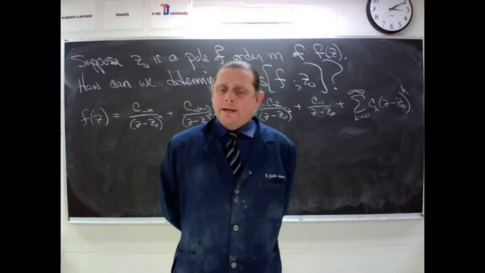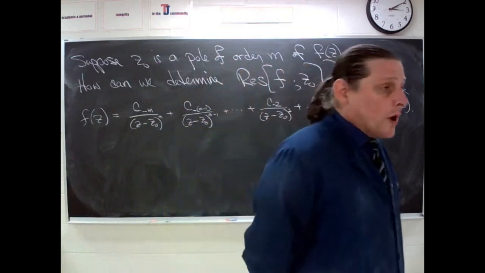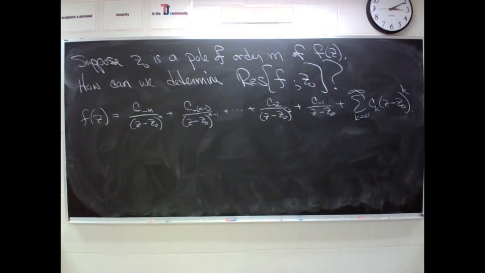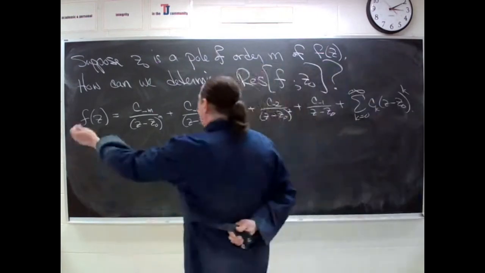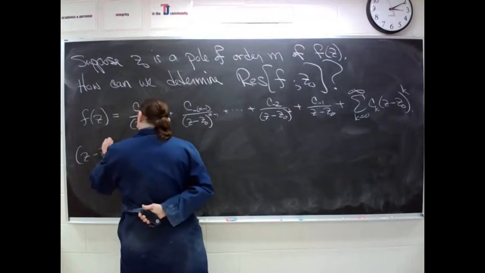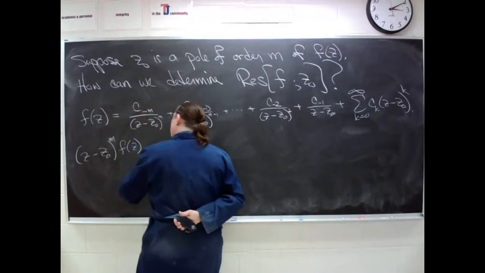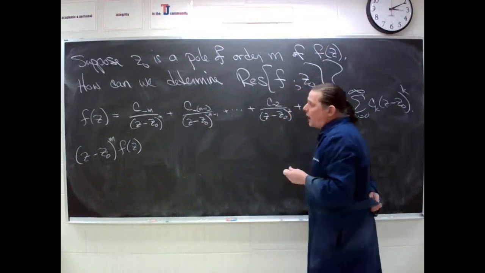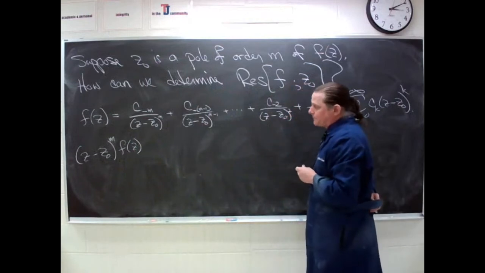But I'm going to need to first make this function regular or analytic at z naught. So I'm going to begin by multiplying this function by z minus z naught to the m.